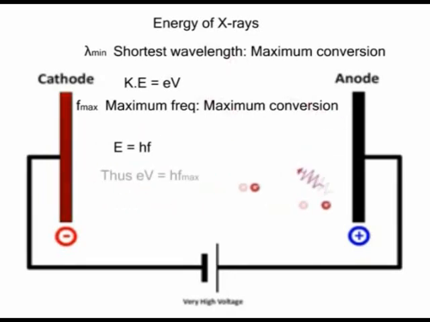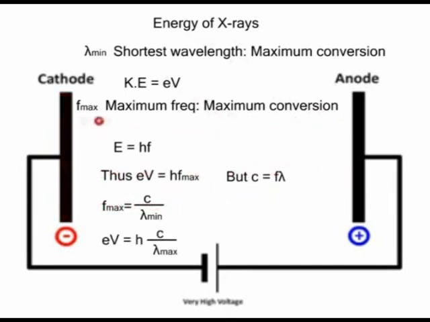Therefore, eV equals h f maximum. Since c equals f lambda, where c is the velocity of light, f maximum is equal to c over lambda minimum. Therefore, eV equals hc over lambda minimum. This shows that the most energetic X-rays have the shortest wavelength.